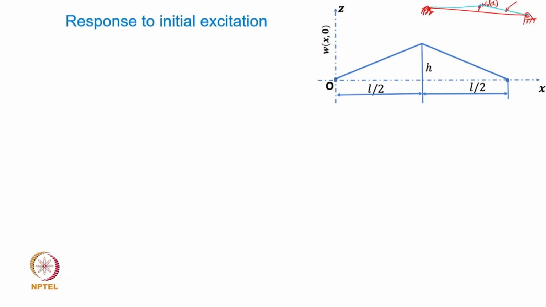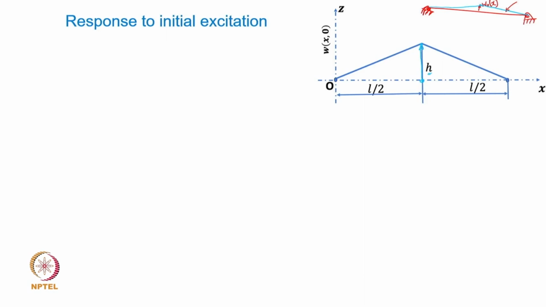The player basically pulls it at any location. We assume, as an example here, that the player has pulled the string at its central location by a small distance h, at time t equal to 0.